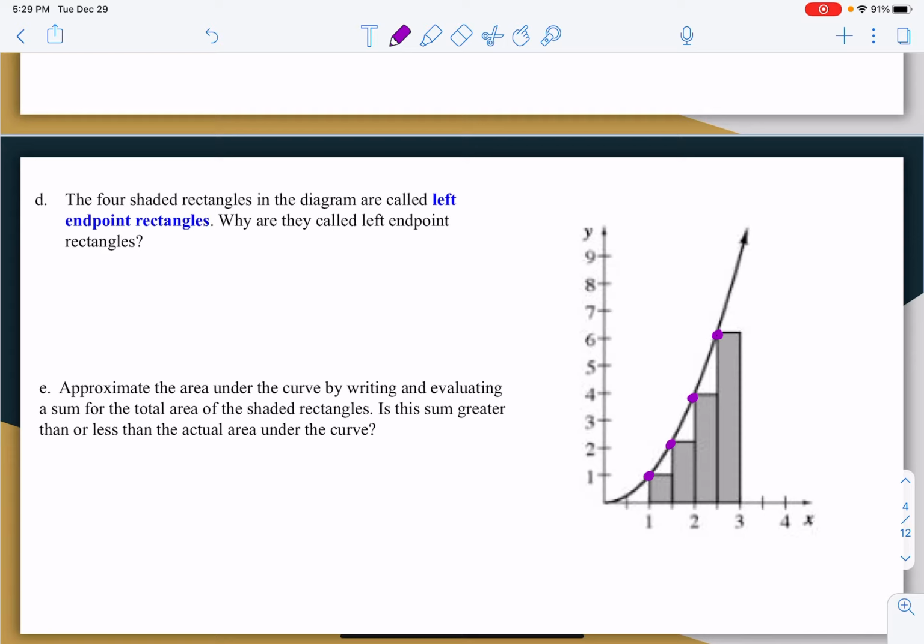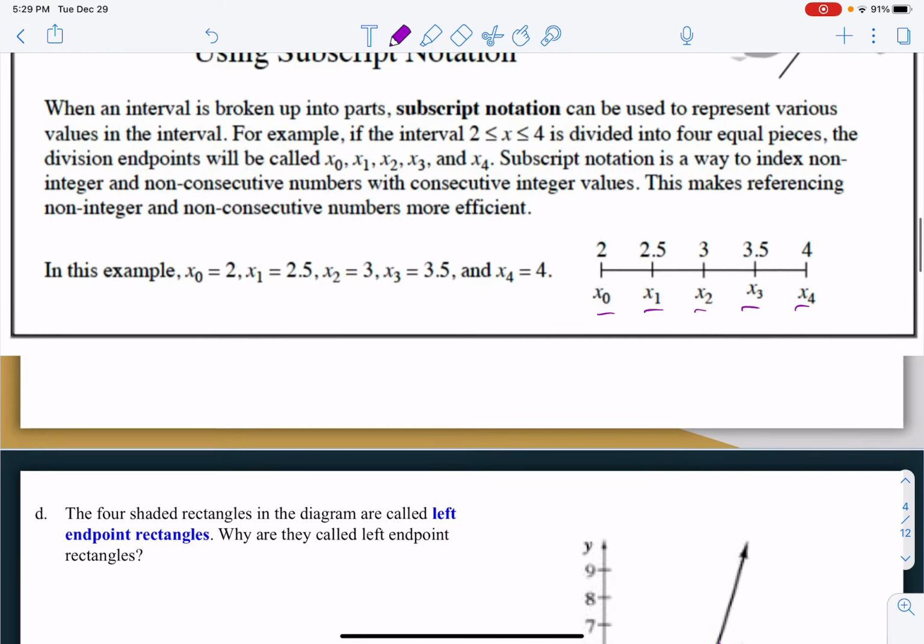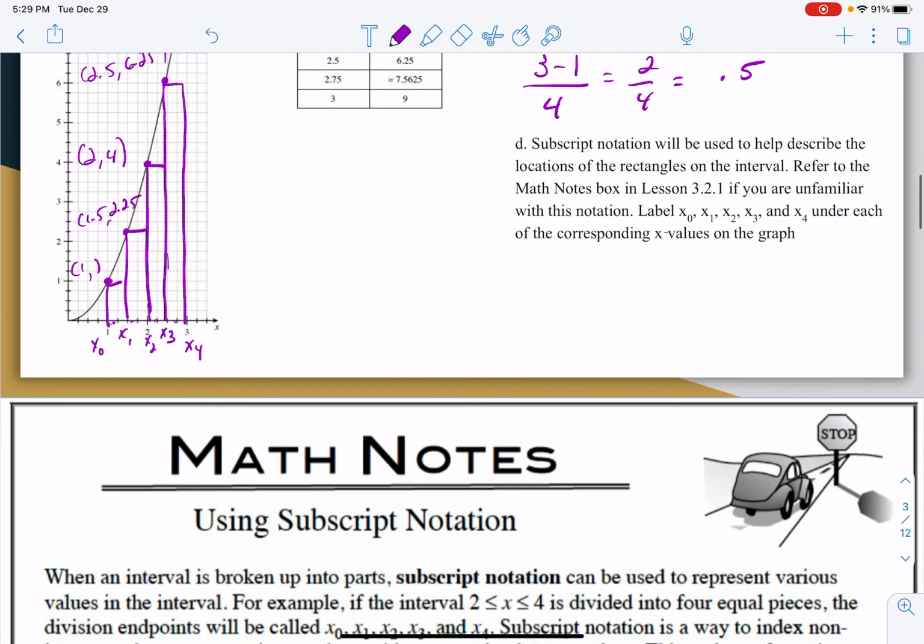So if I want to approximate the area under the curve by writing and evaluating a sum for the total area of the shaded rectangles, I need to go back to my rectangles and find the area of each rectangle and then add those areas together.